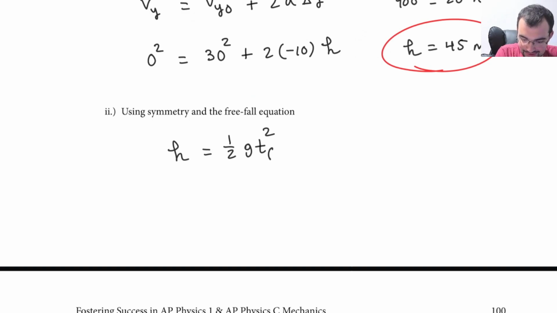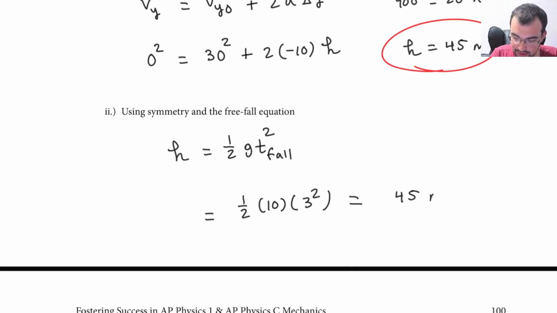So this equation always works if we say the t represents t of the fall. So if it spends 6 seconds in the air, then it must have been rising for 3 seconds and falling for 3 seconds by symmetry. So we get 5 times 9, which is definitely 45 meters. So works out.